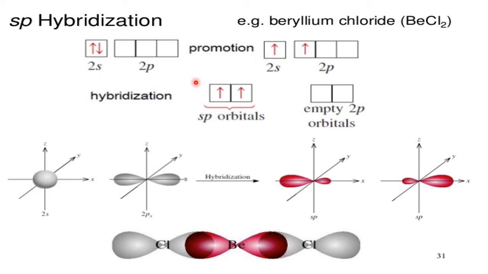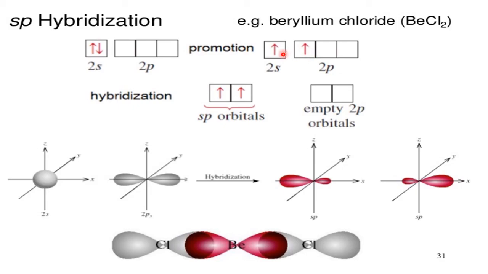So see here. Now one more point is here. Which orbitals have undergone the hybridization? It is one s orbital. One means not one s, one number. Only one s orbital. What I am saying here is, number of s orbital 1, number of p orbital 1.